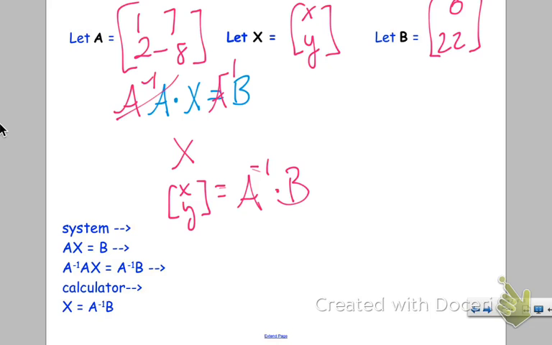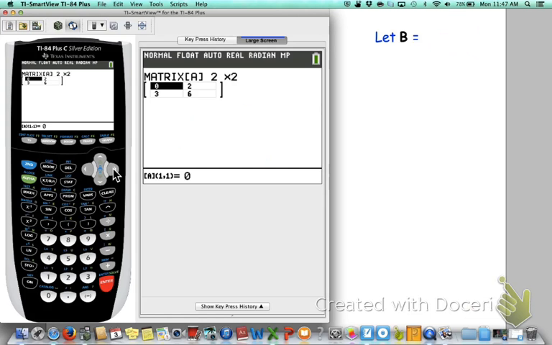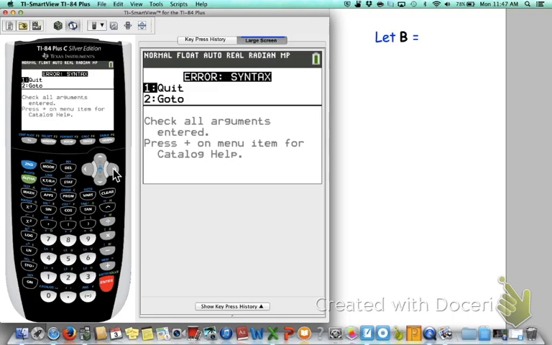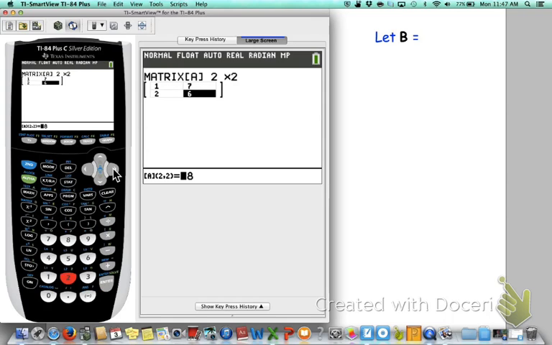So let's see how we do that on the calculator. It's pretty simple, actually. So we go into our matrix menu. We make a 2 by 2 matrix that represents A. So it's 1, 7, 2, negative 8. Oh, wrong negative. We got to use this little guy here. Alright, great.